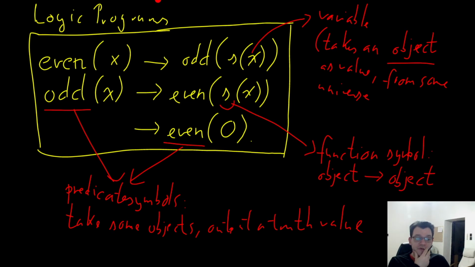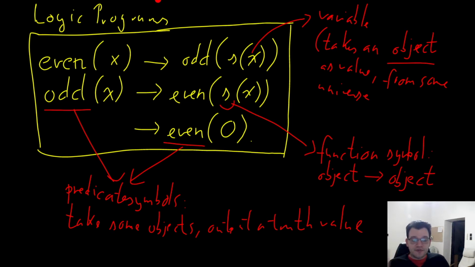For example, the successor is a function because it takes a natural number and outputs a natural number. Addition is a function because it takes two numbers, objects, and then it outputs a number also. Multiplication is also a function.